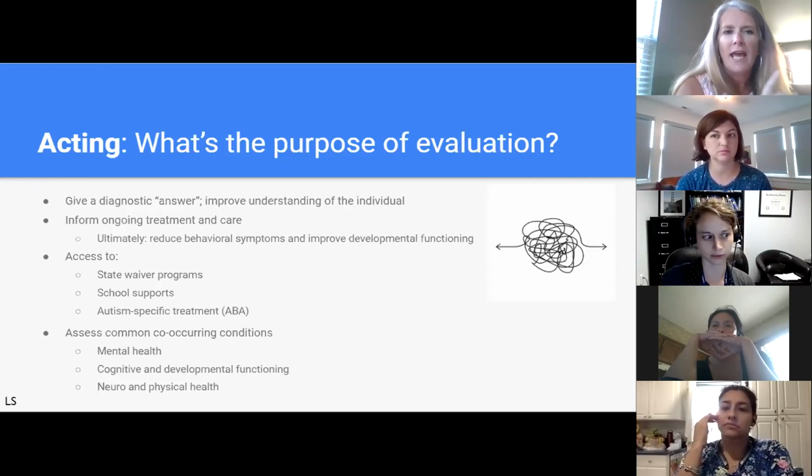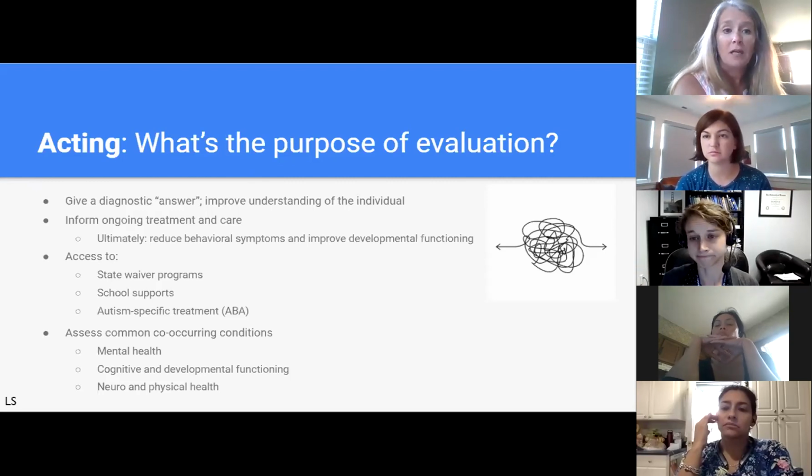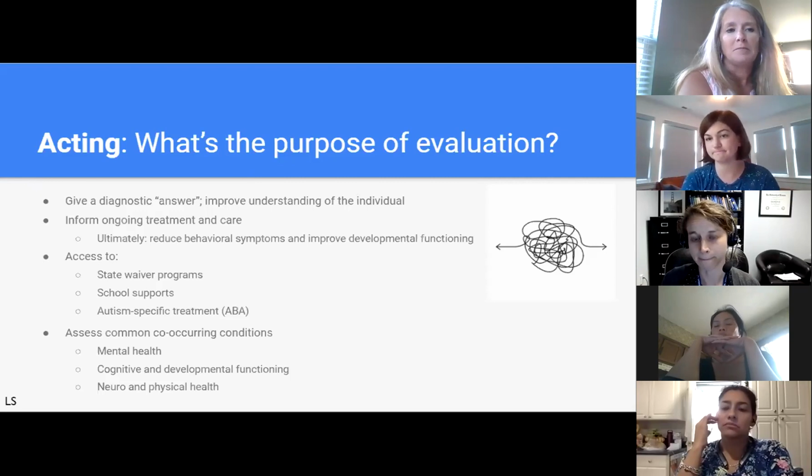Leni, I just want to add here about what the purpose of the evaluation is from a parent perspective. You know, it really helped me get answers. For those of you who may not know who I am or anything about me, I do have a son who is 26 on the autism spectrum, and he was diagnosed relatively late in 2010 at the age of 14.